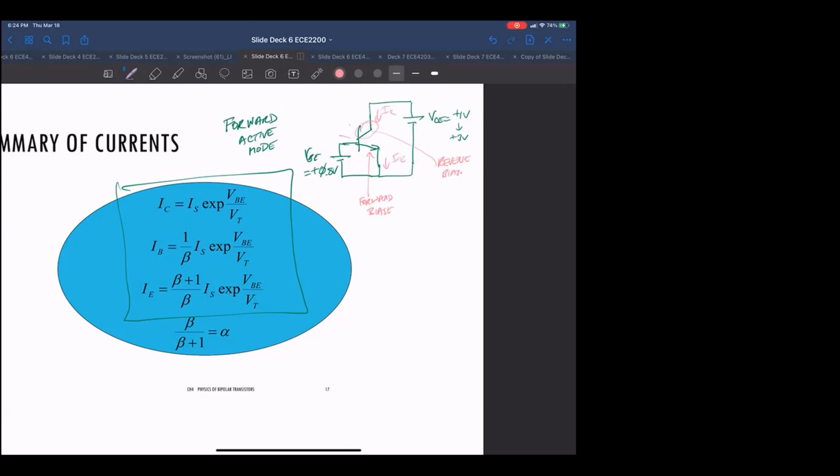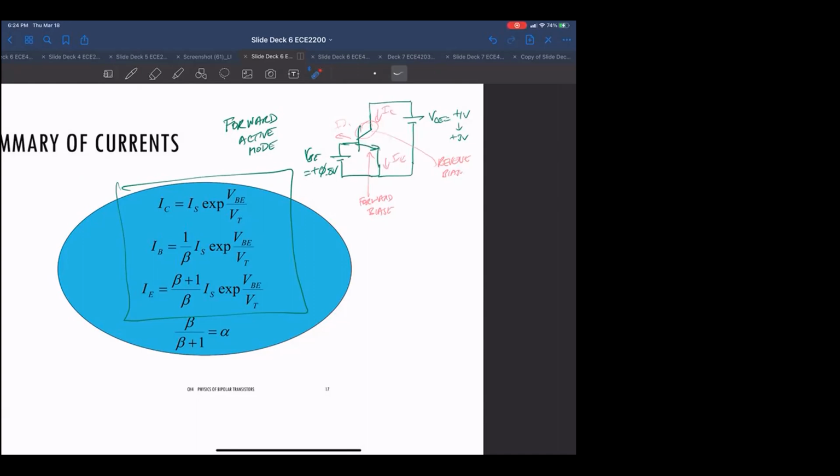So if you make sure that's all the case, then the collector current has got the exponential relationship, same as the diode that we talked about. The collector current is exponentially dependent on the base emitter voltage. Okay, so this current coming here is exponentially dependent on this voltage.